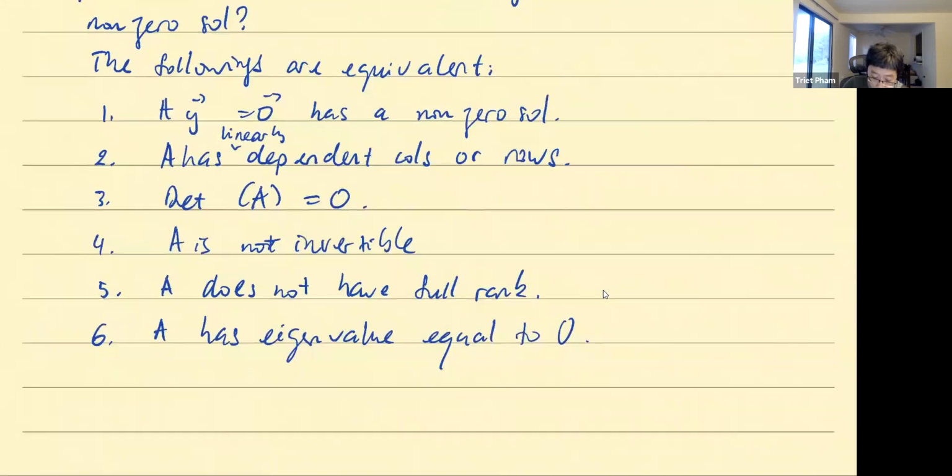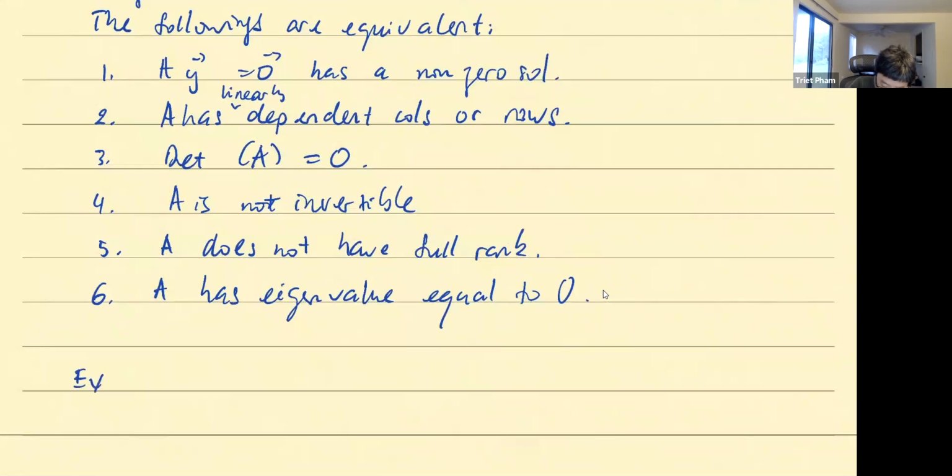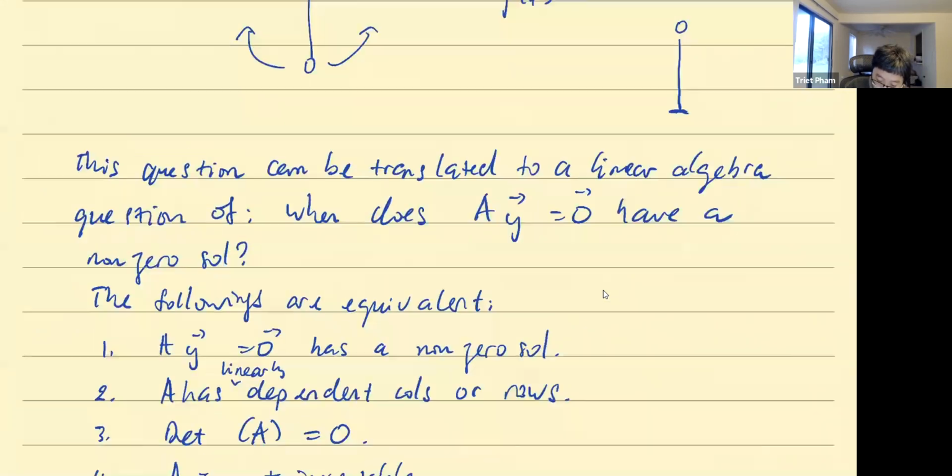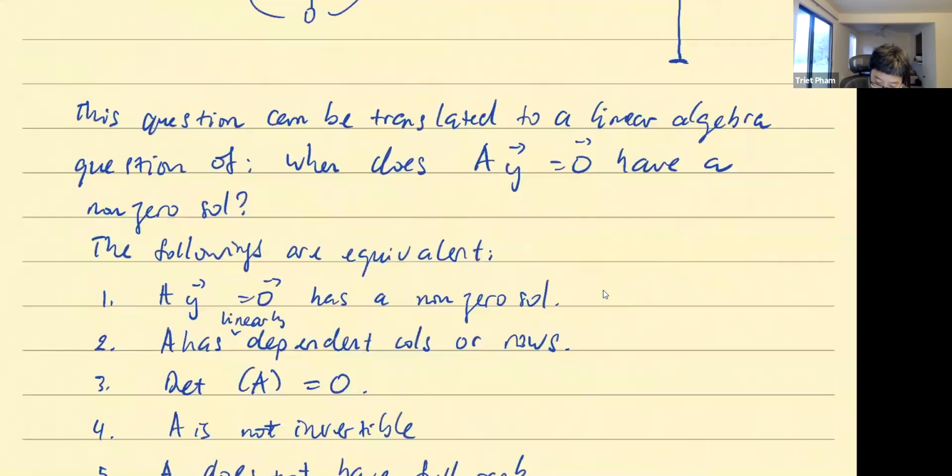But let's look at one example, the example that we looked at before. A is 1, 0, minus 1, 1.